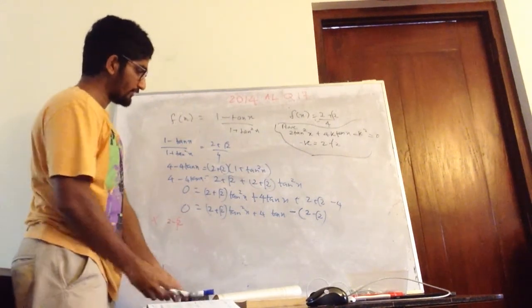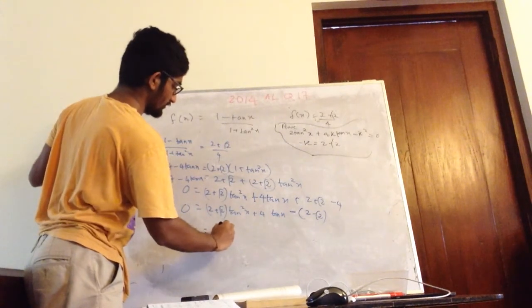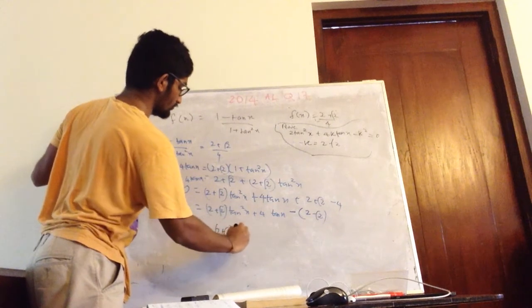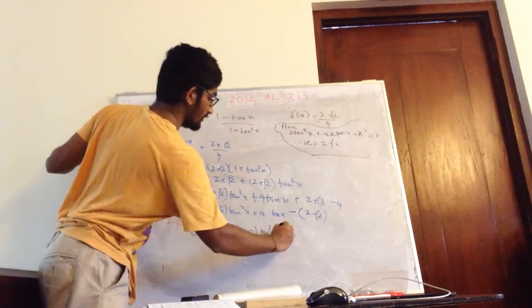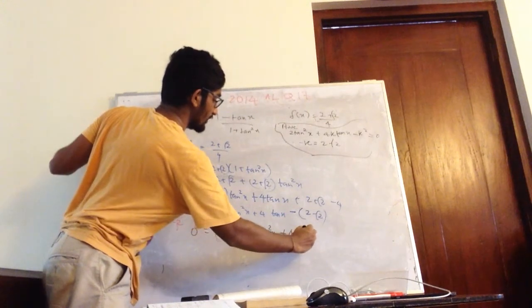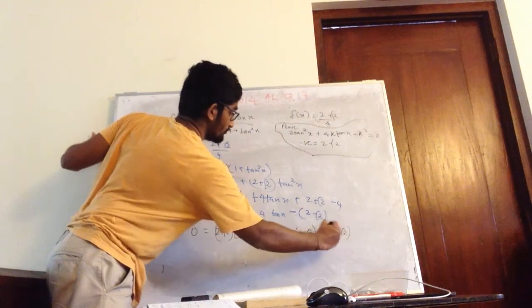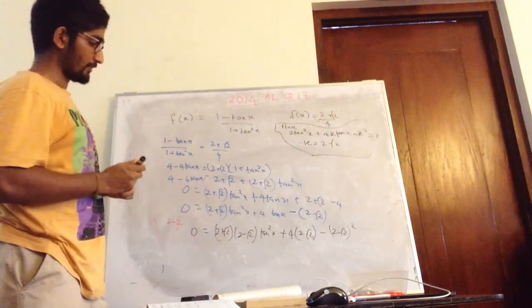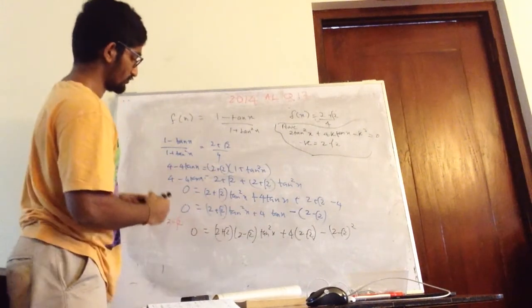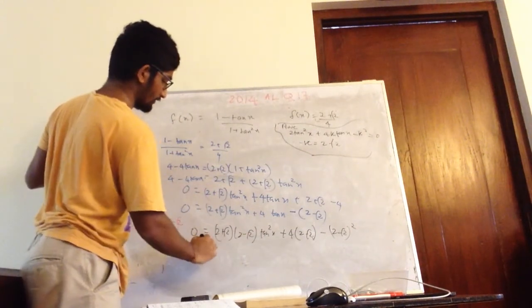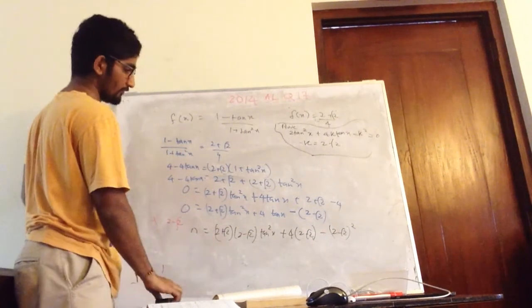So if I do that, I will get 0, (2 − √2)(2 + √2) tan²x + 4(2 − √2) − (2 − √2)². Right?